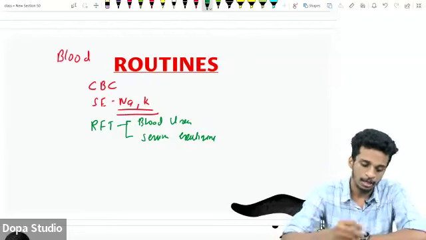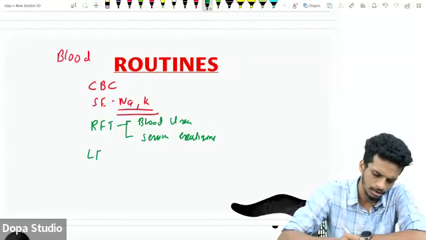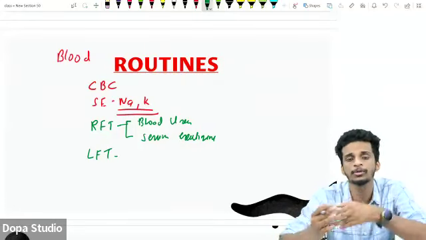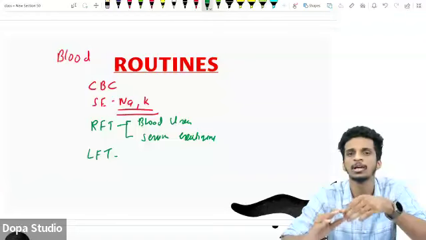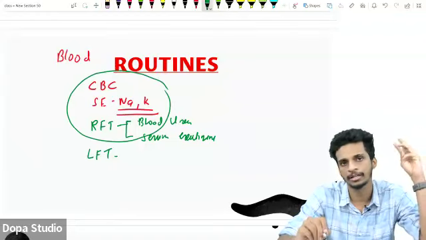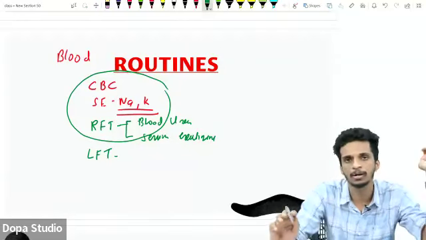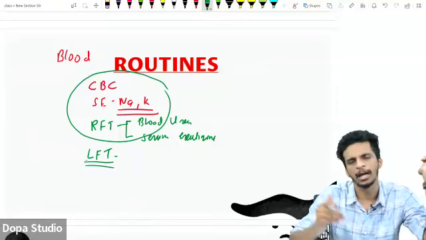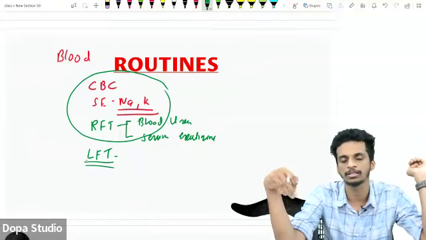Now the fourth one is occasionally included in the routines. In some hospitals or some colleges it is part of routines, but not always. The other three, that is CBC, electrolytes, and RFT, are always part of the blood routine investigations. Fourthly, sometimes we do LFT, and the components of LFT we'll discuss in a subsequent session.